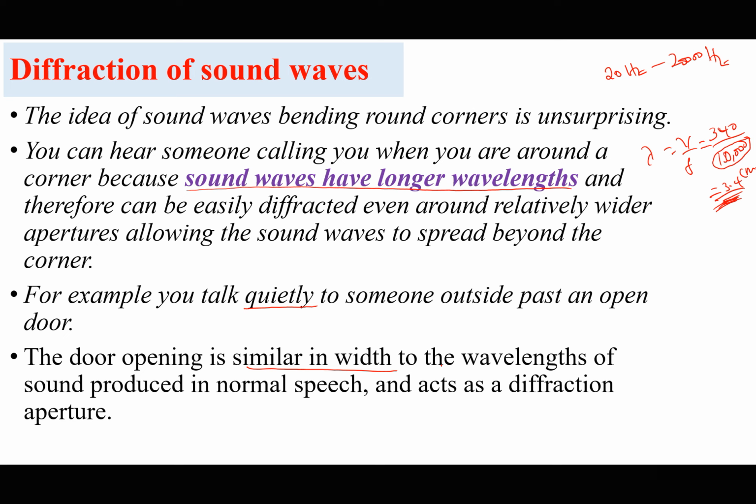So we can hear someone round the corner because the wavelength of sound waves is appreciably comparable, or almost of the same order, as the size of the gaps or apertures we interact with in everyday life. How about when it comes to light?